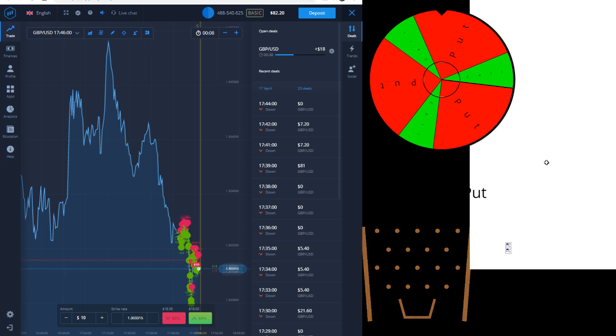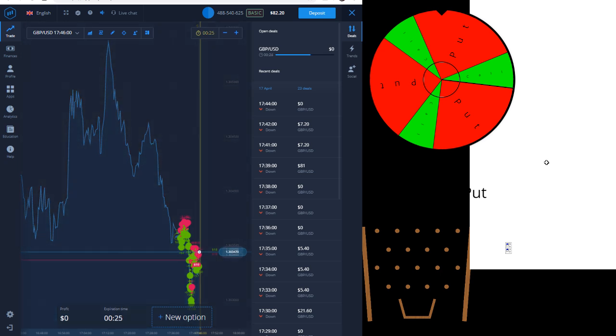Let's see. Okay, so we are in a little bit of a hiccup here, because it seems to me that our second trade is about to lose and we only have 4 tries before the account blows up again for the second time. 3 seconds, 2 seconds, 1 second, gone, boom.